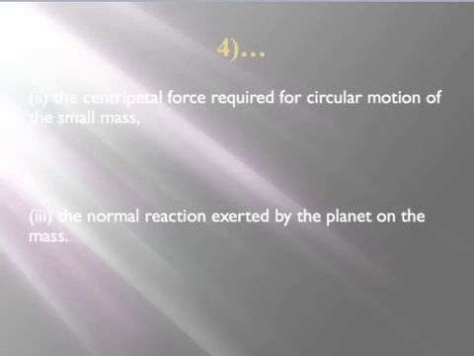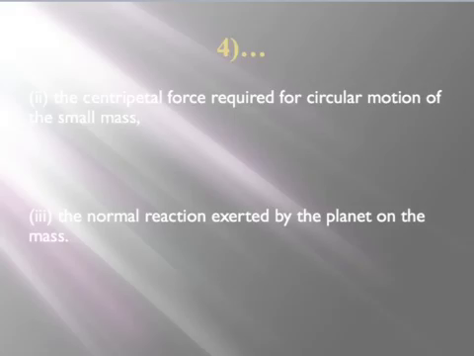So part 2, with those same symbols, they want you to write the expression for the centripetal force required for circular motion of the small mass. Now, hopefully you can recall from the first topic some of the equations for circular motion, in which case you may already know that it's just mr omega squared.